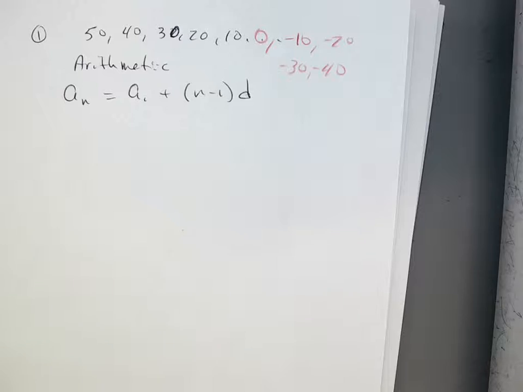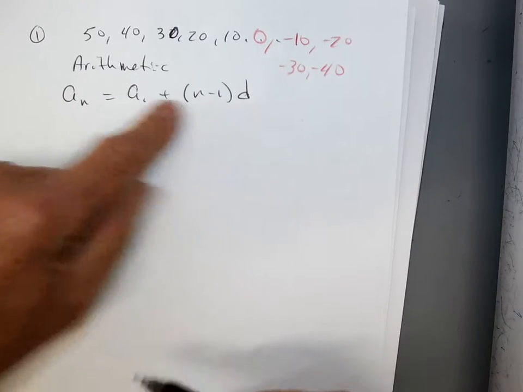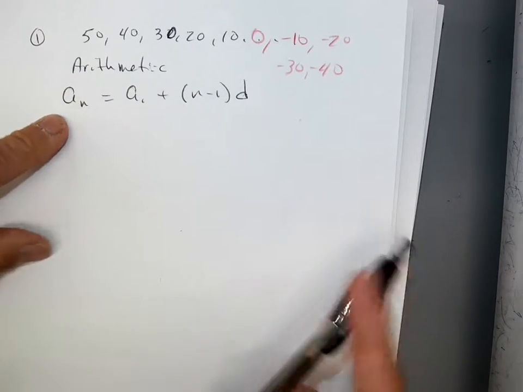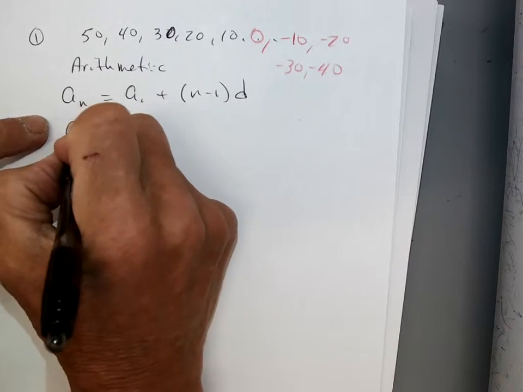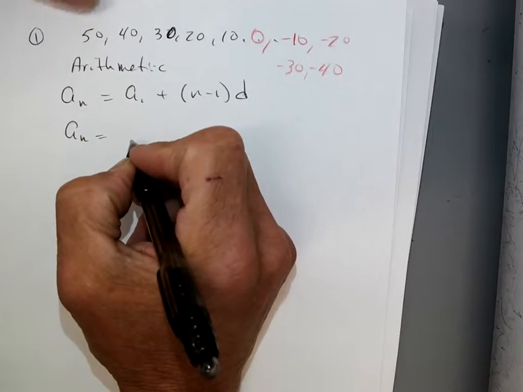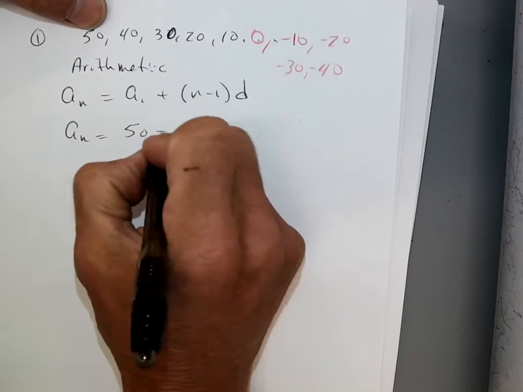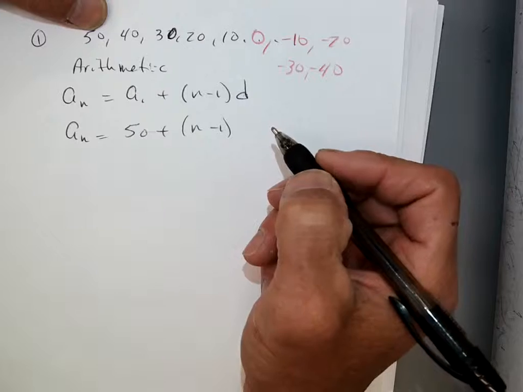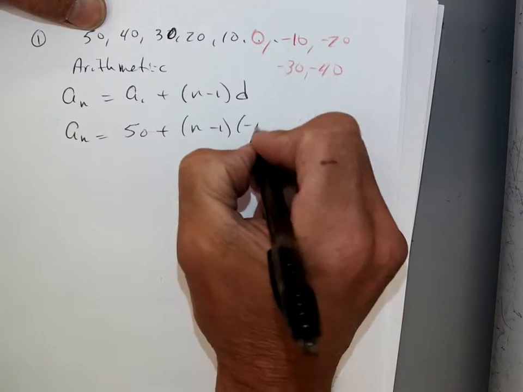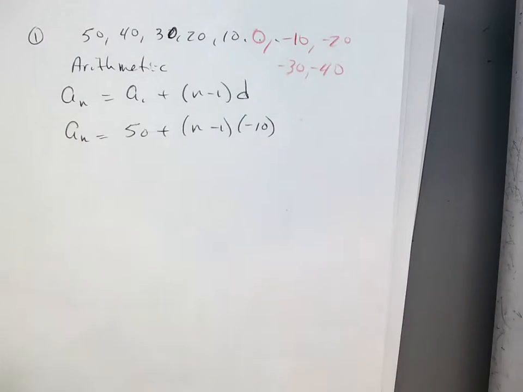Now, the rule is not so bad either because we have our formula from our formula sheet. It has to be a variable for a formula, so I'm just going to go a of n equals a1, which is 50, plus parentheses n minus 1, keep n as a variable if we need a formula, times negative 10, because I'm going down by 10, so my difference is negative 10.